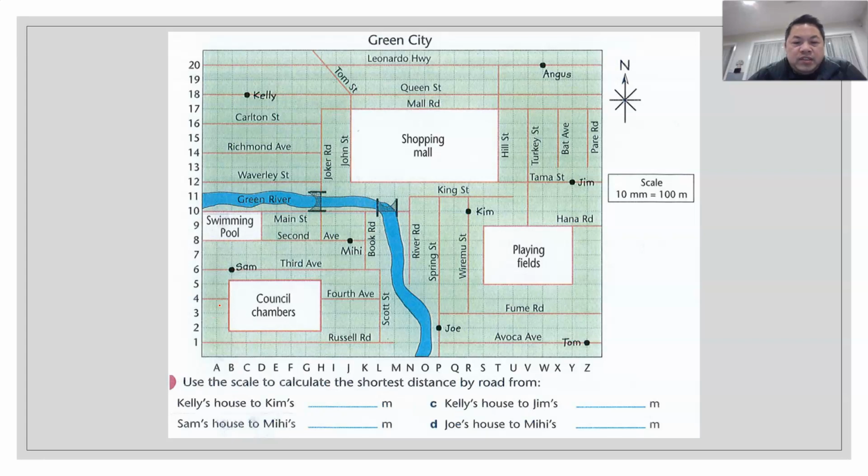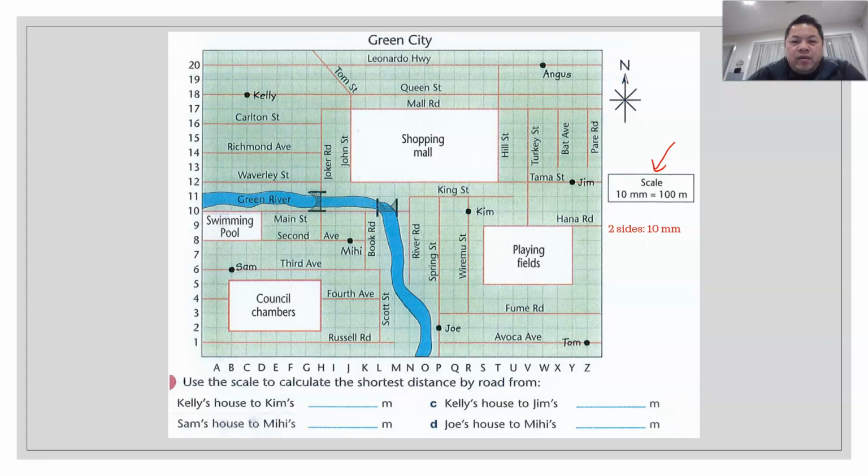Next, you have to use the scale. This part is important now. The scale states that every 10 mm is 100 meters. So we realize that whenever you move 2 sides, it is actually 10 mm. So every side is 5 mm, isn't it?